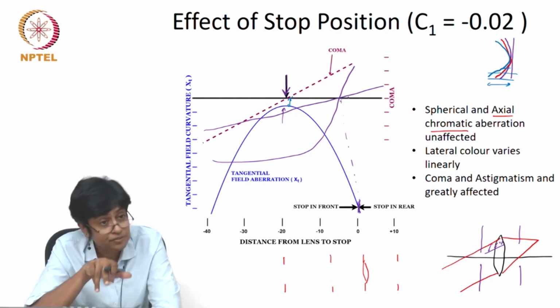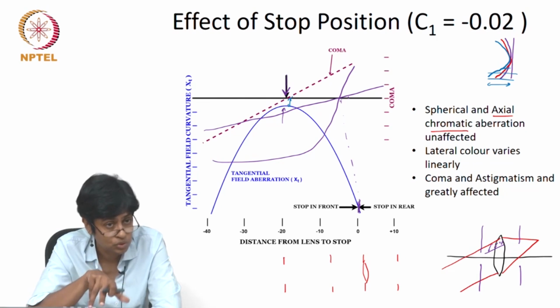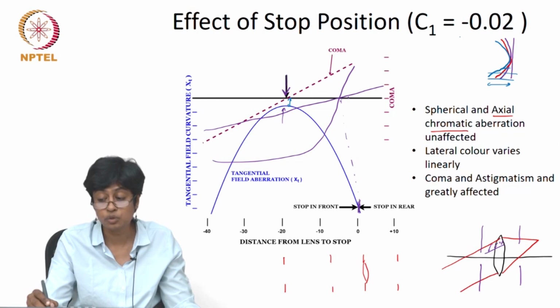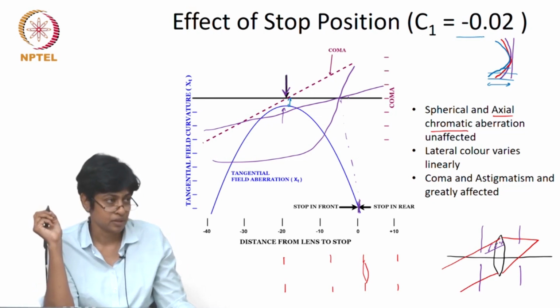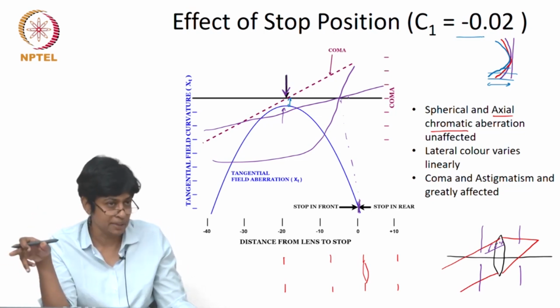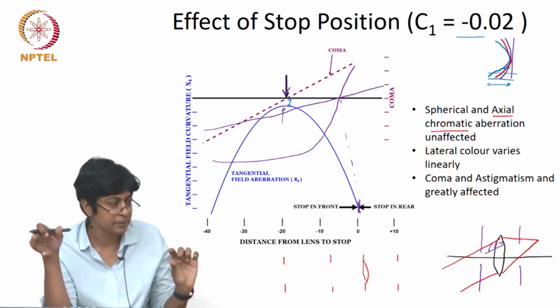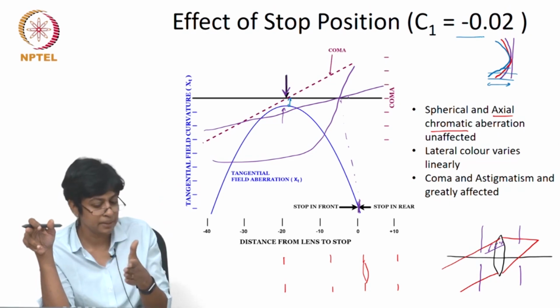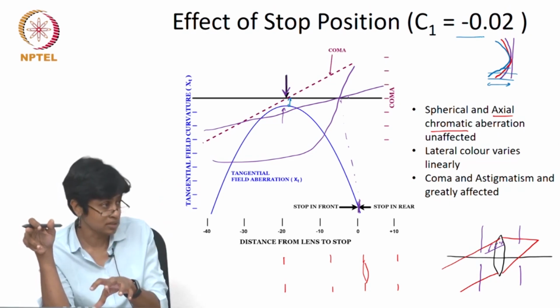Because you have this position where coma goes to 0, and this was plotted for the case where we took a particular shape. You could take any of those shapes, right? I pulled out one particular shape, but you could take any of those shapes, keep all the remaining parameters constant and plot this graph.